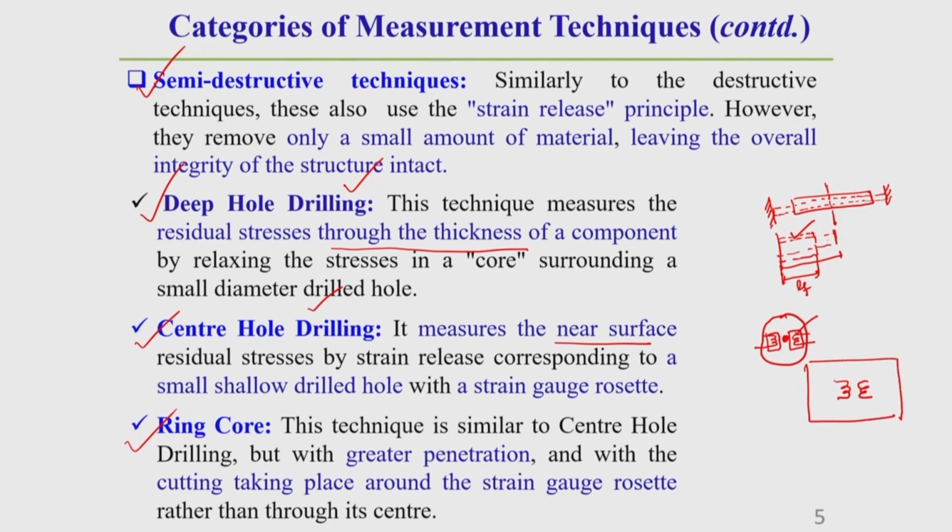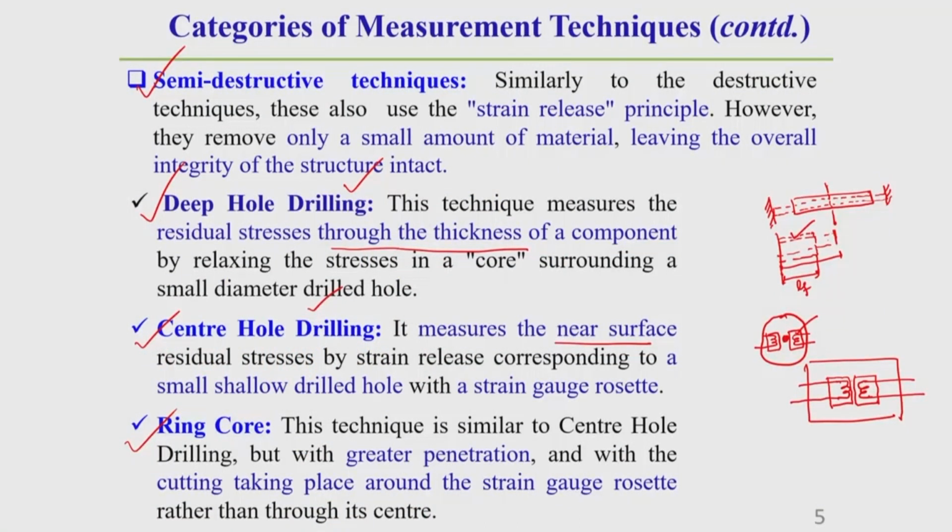Here a strain rosette is placed, and this strain rosette has some external wire, which is generally connected to some electrical device or data logger system. In the ring core method, the cutting is done around this strain gauge rosette. You should keep this in mind.